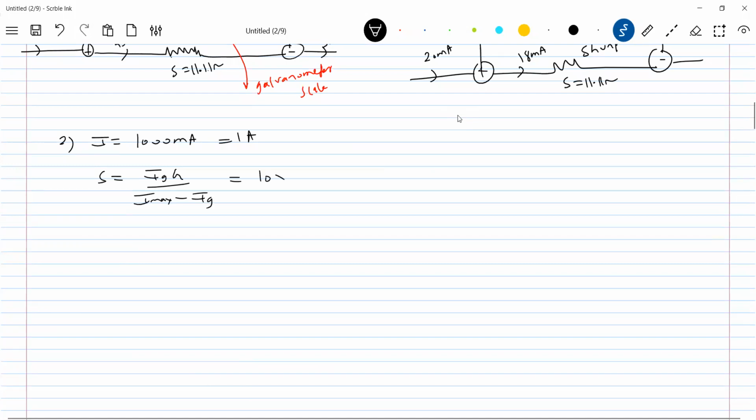So what is the Ig value? 10 into 10 to the power of minus 3 into 100 by 1000 into 10 to the power of minus 3 minus 10 into 10 to the power of minus 3. That is 1000 by 990, 100 by 99. This will be 1.01 ohm.